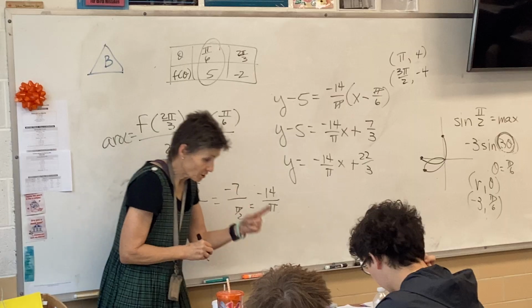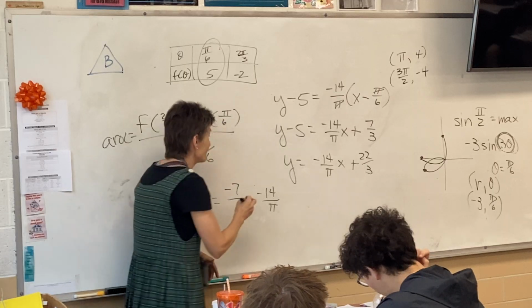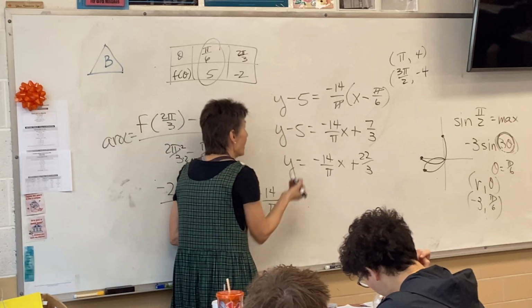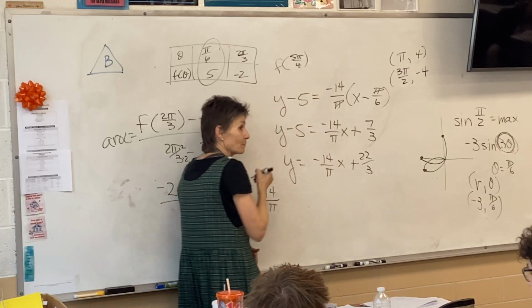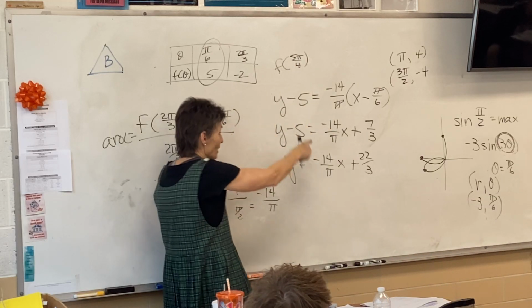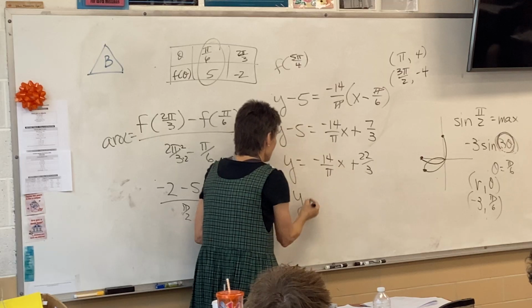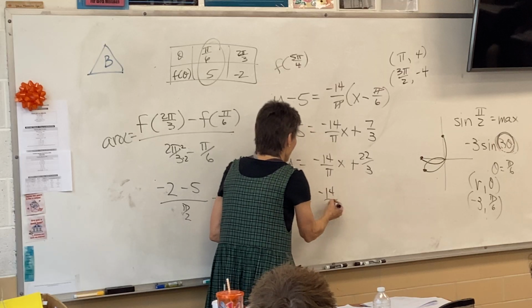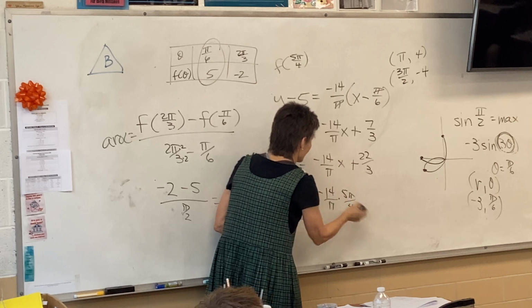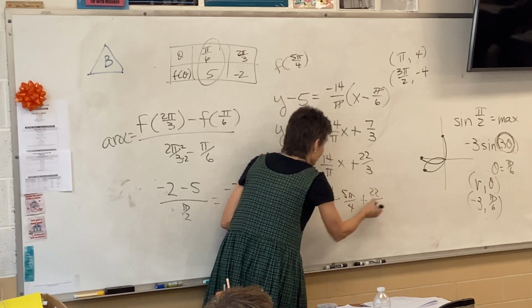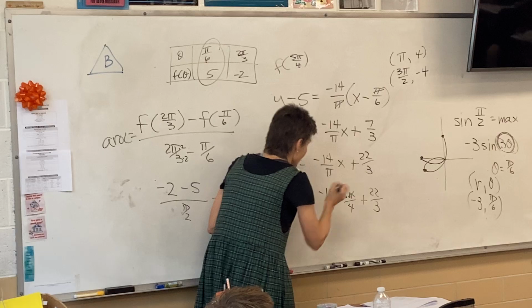Now the question is, what happens at f of 5 pi over 4? Well, that's an x value, so it's going to be negative 14 over pi times 5 pi over 4 plus 22/3. All right, so those are going to cancel.